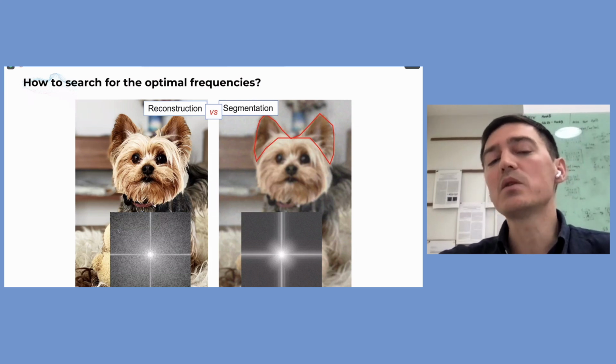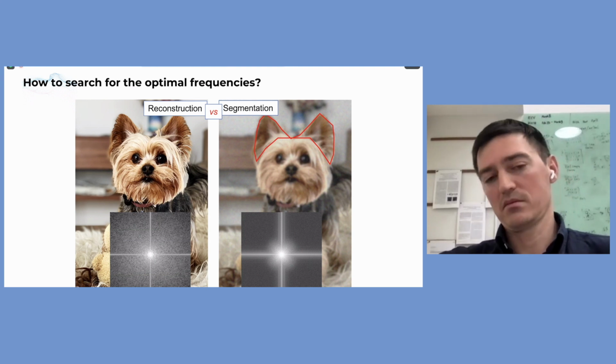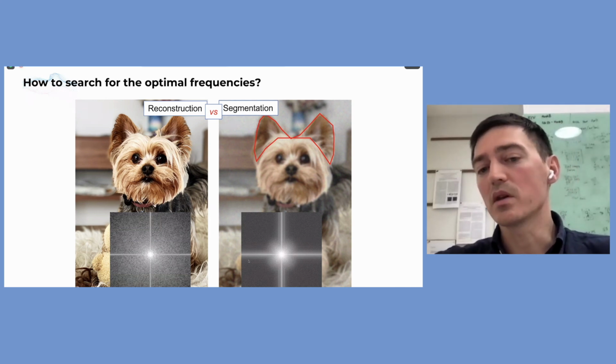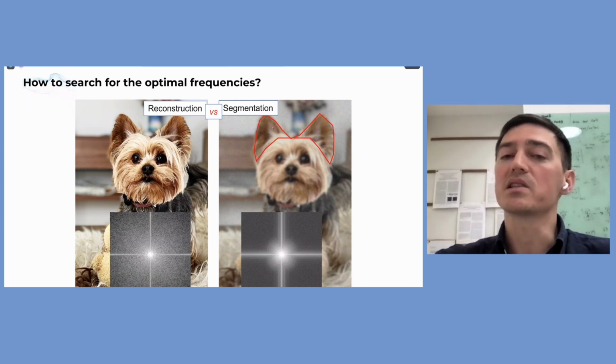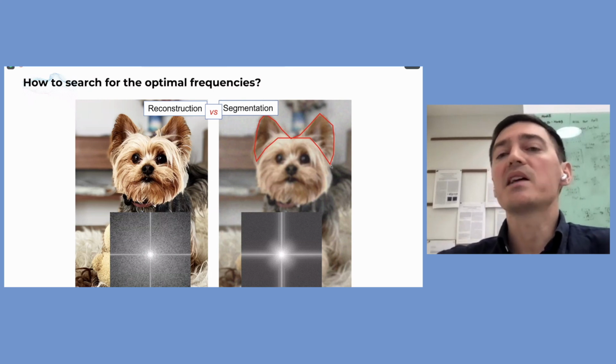And the question that we actually asked in our group for the first time is, okay, let's find these optimal frequencies, not just for reconstruction. Let's forget how the image actually looks, but let's talk about the quality of the target downstream task. If you want to perform segmentation, that's your target task. So what's the dice score?